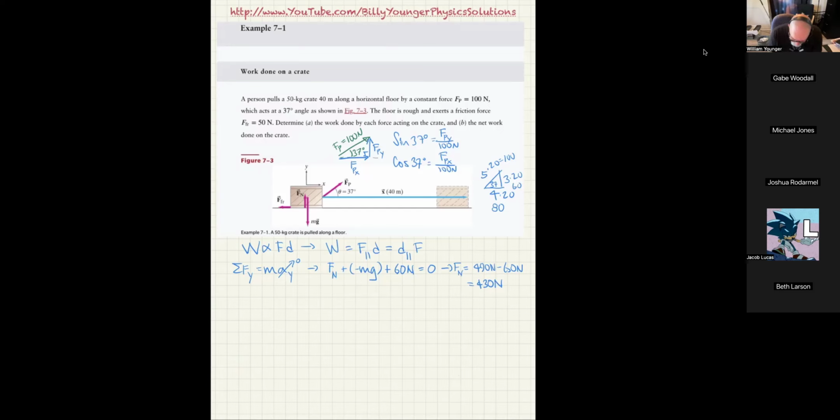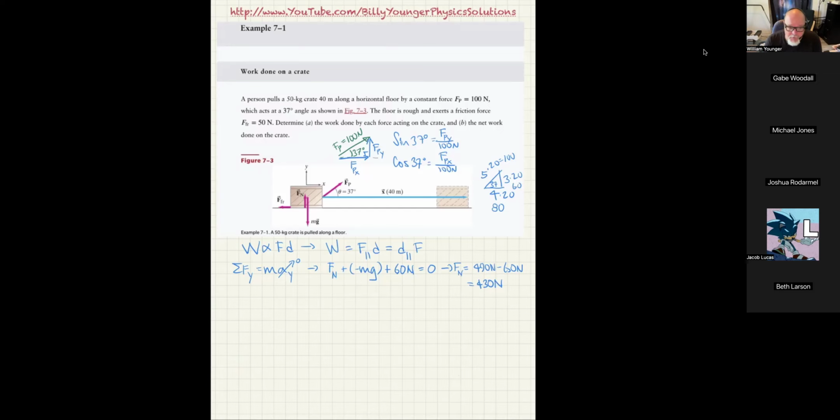Now I'm going to do the same thing for the summation of forces in the x direction, only in this case, I don't necessarily have to do anything with it. That would be us using Newton's second law and vectors to calculate the actual acceleration and various things like that. We're not doing that. We're asked to calculate the work, so I just need to identify all the forces. The rest of the forces are shown.